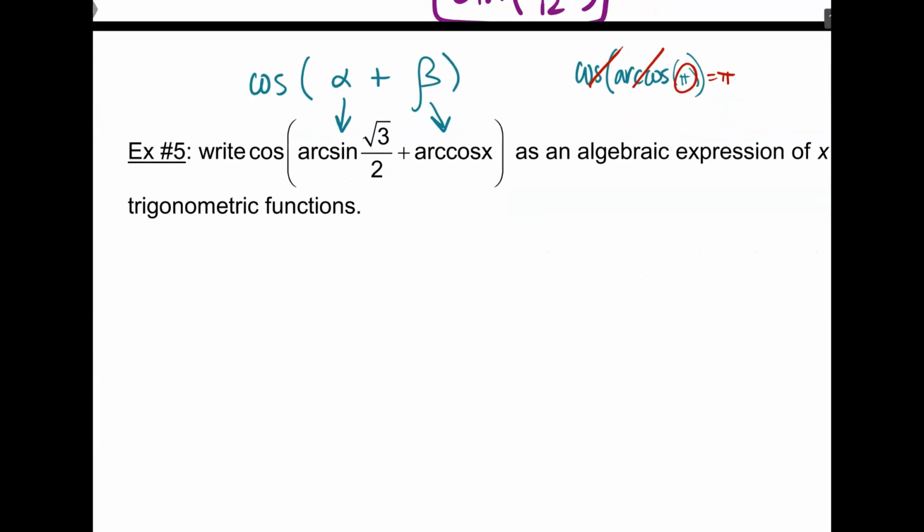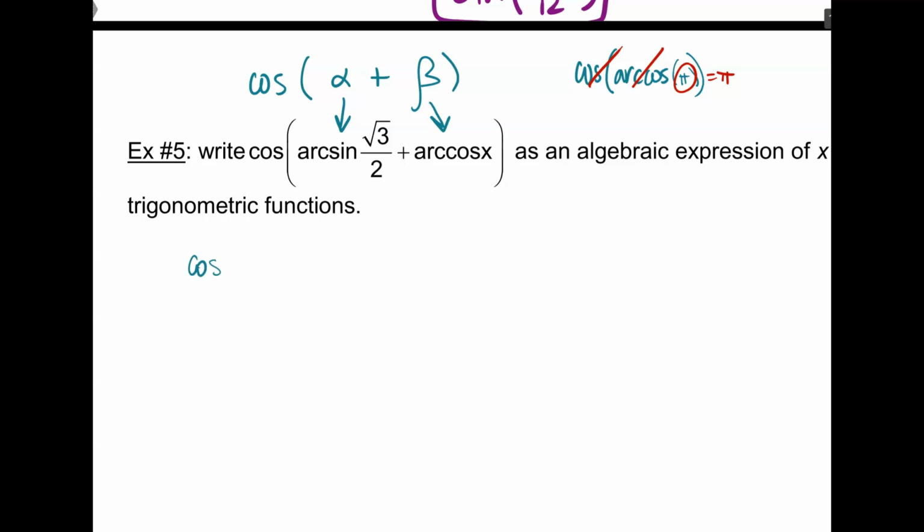You can, 100%. All right, so let's write it as an algebraic expression of x that does not involve trig functions. The first thing I'm going to do is rewrite this using the sum identity of cosine.